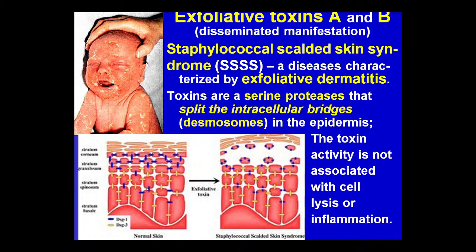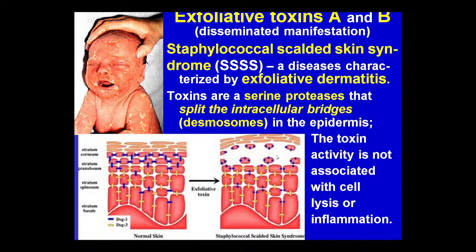So how does the toxin work? You can see the normal skin structure, and you can see that the desmosomes connect the cells here, and if the SSS toxin is released, the toxin causes damage to the intracellular bridges or desmosomes, see here, and due to this we have exfoliation of the upper part of the stratum epithelium.